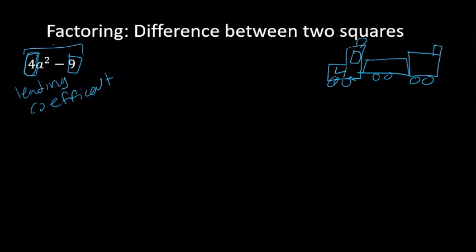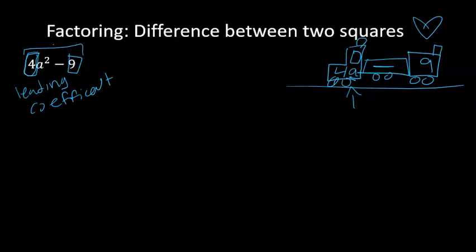Okay, there we go. That's the 4 with the letter A, and then here's our minus sign, and then here's the 9. Leading coefficient, operator, and then we have our constant, and our variable is hanging out at the front with the conductor, who is the driver of said train on the track to deliver toys to the children for Christmas.